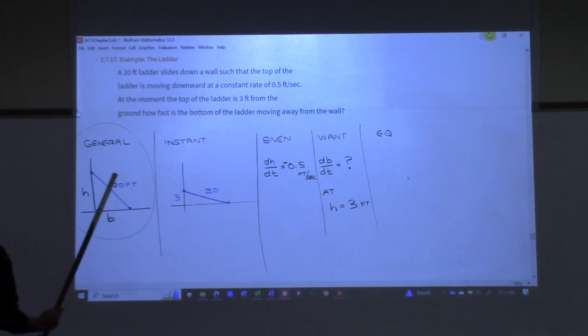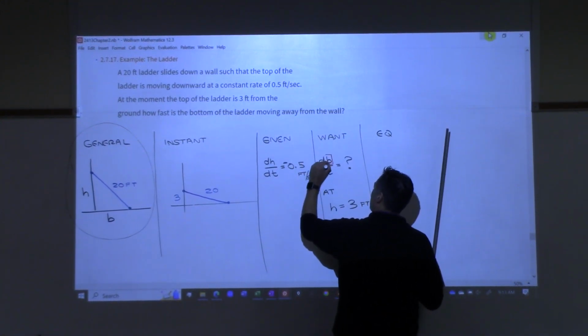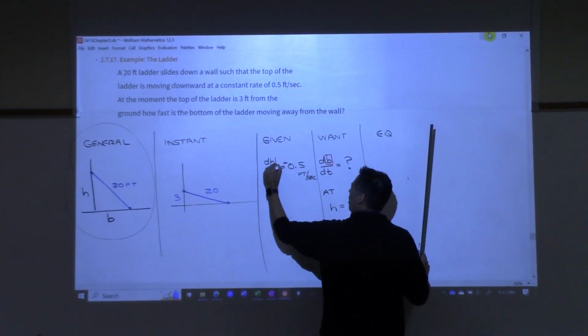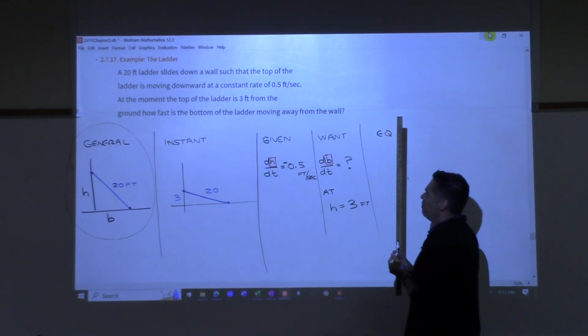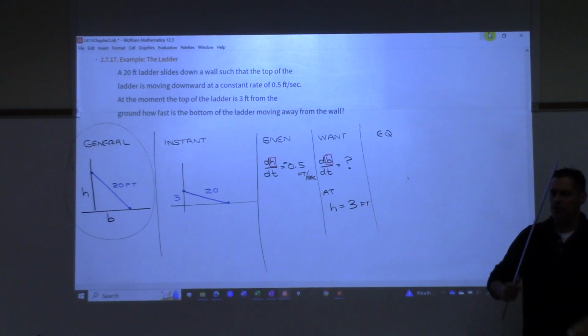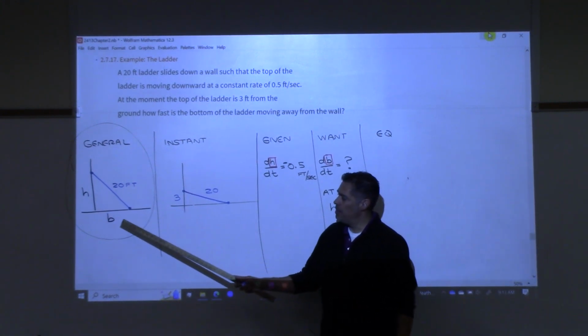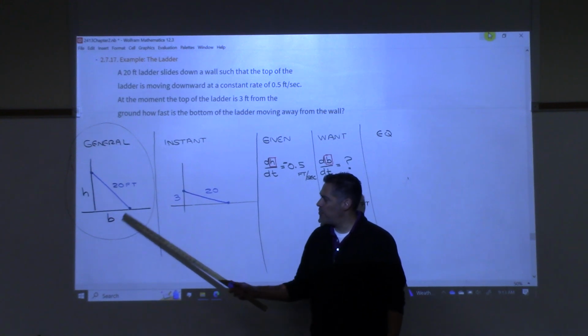What variables do I have to connect? B and H, this variable here and this variable here. You have to come up with something that's going to connect the H and the B together in an equation. Do you all see it? Look at this picture. Any equation you can think of that connects H and B together?